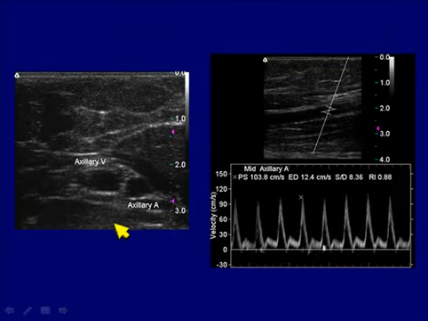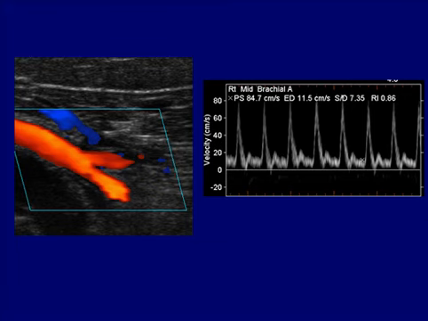Continuing on out the arm, what we want to do is see these nice paired veins with a companion artery, and here's the axillary artery and vein. We see the Doppler placed in the axillary artery here with a peak velocity of around 100. We are seeing this multiphasic high resistance pattern, which is exactly normal. Further down the arm, we're going to follow the brachial artery.